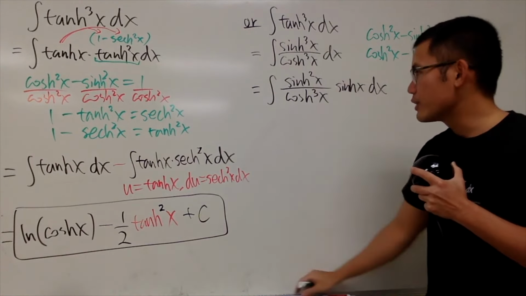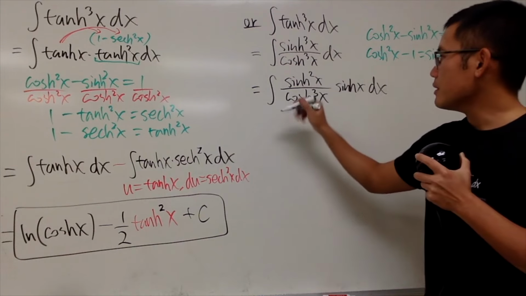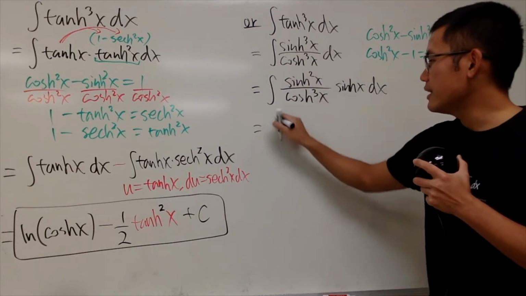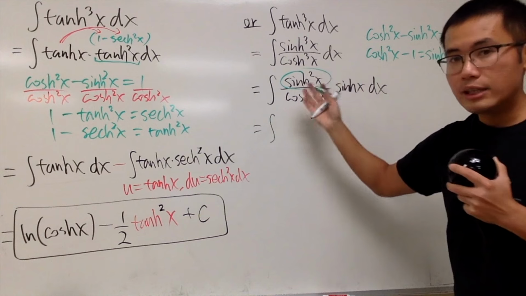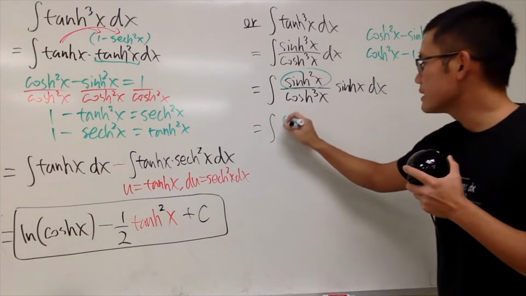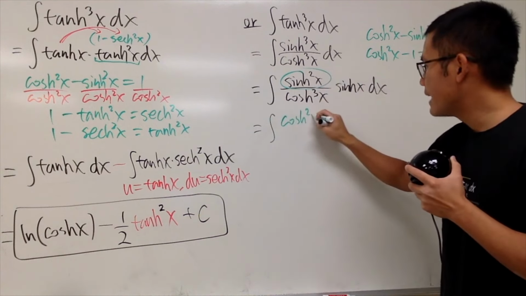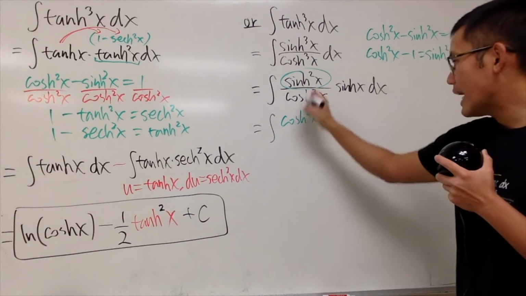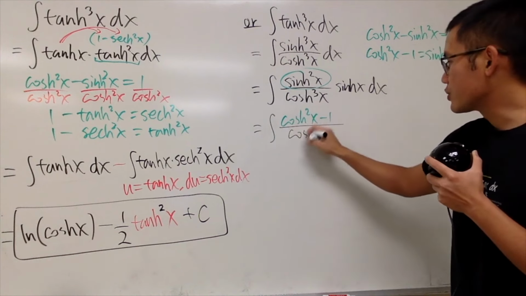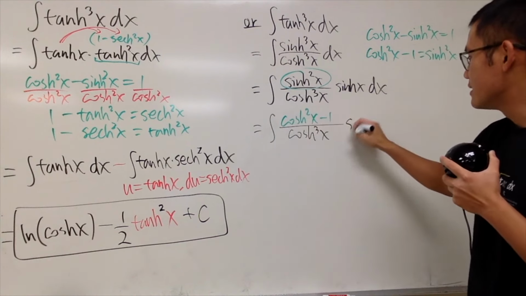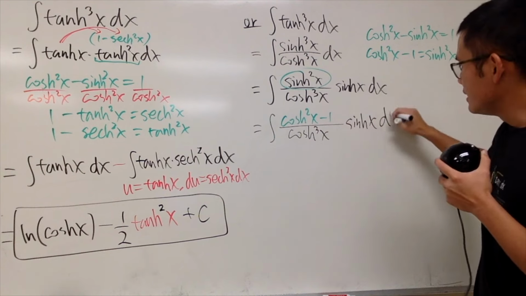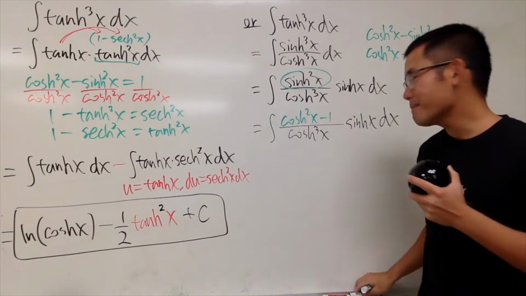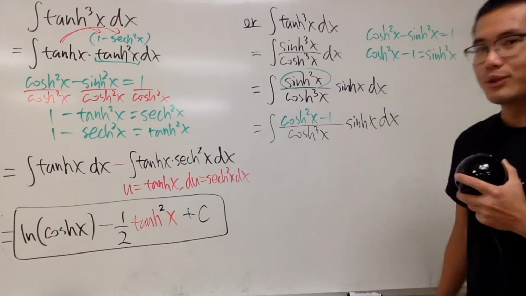Sinh square is equal to cosh square x minus 1, and then we have this over cosh third power x, and this is sinh x dx. Okay? Now we can do some u-sub.